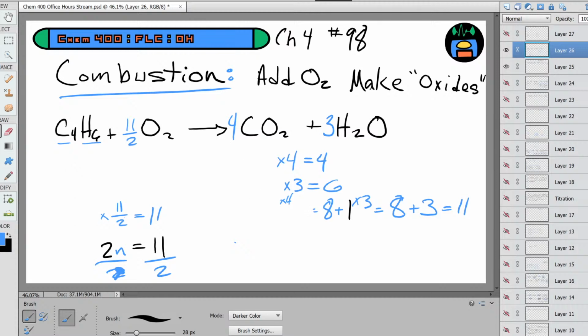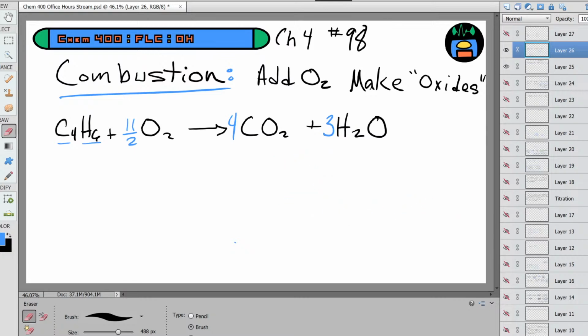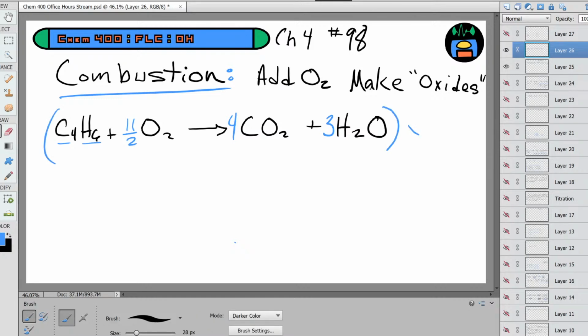However, we can't allow a fraction to remain in our balanced chemical equation. So we need to multiply both sides by the denominator of that fraction.